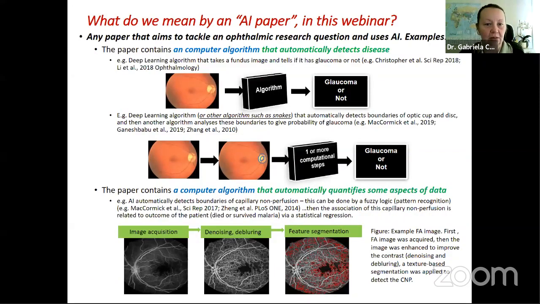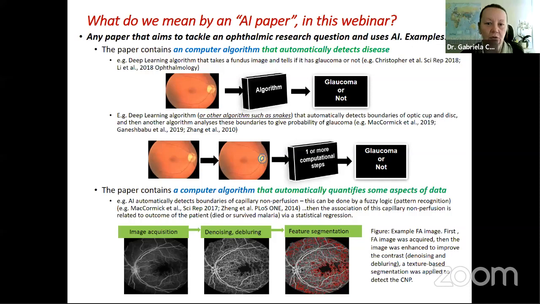So what do I mean by AI paper? By AI paper, I mean any paper that has an artificial intelligence component in it. And what I mean by that is that there has been a computer algorithm designed, and this computer algorithm does some tasks automatically.